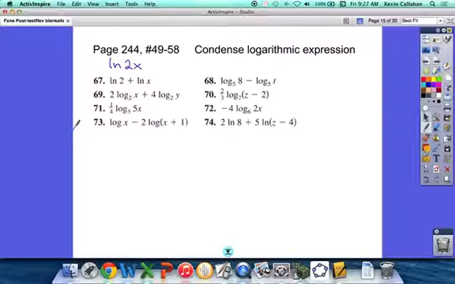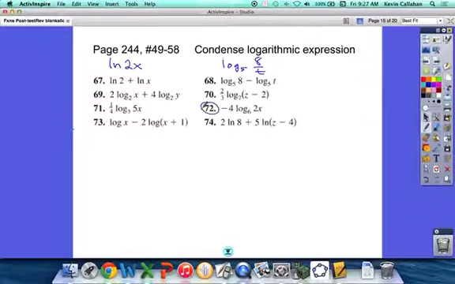This would be a pretty simple example of a quotient property. The logarithm base 5 of 8 over t. The logarithm of a quotient equals the difference of logarithms. And let's say this one right here.